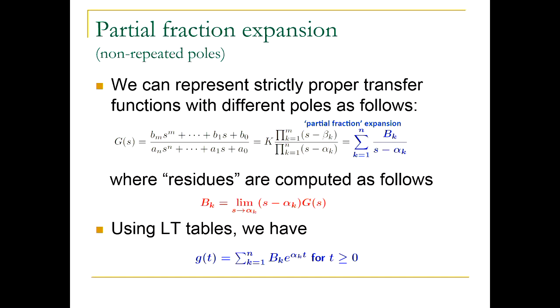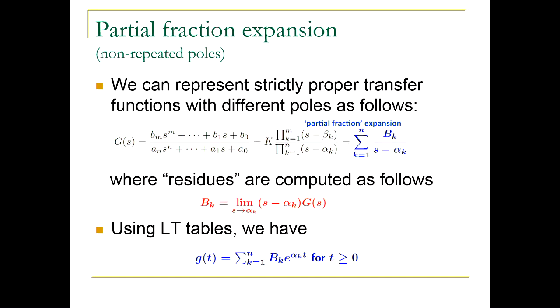So alpha k's and beta k's are zeros of these two polynomials in that rational function. So now the claim is that if all of these alpha k's are distinct, then the formula for partial fraction expansion is given here.